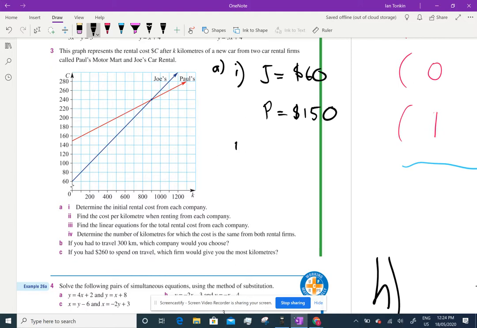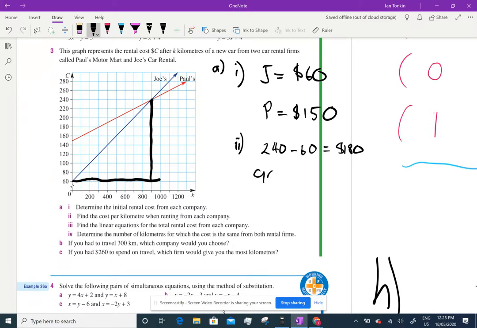Find the cost per kilometre when renting. Well, the cost per kilometre is just going to be the gradient, right? So how much do I pay per kilometre? Well, 60, and I'm going to go to here, because there's a dot there and I can see it. So for 900 Ks, it goes from 60 to 240. So 240, and this is for Joe's, 240 minus 60 means it's 180 to go 900 kilometres.